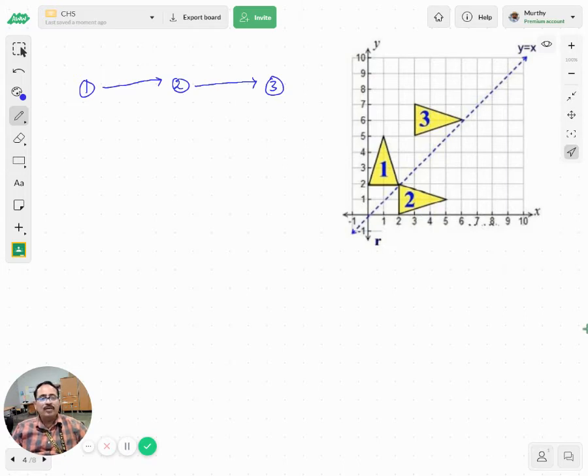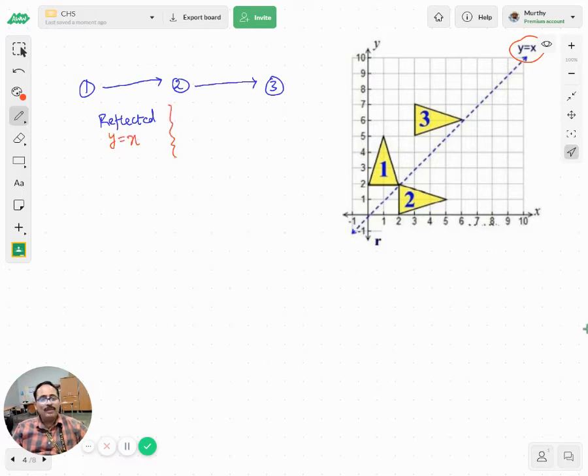So from 1 to 2, clearly I can see that it is reflected. And where is the line of reflection? You can see the dotted line, and already it is mentioned that y equals x. Therefore, reflected over y equals x. So this is the first transformation.